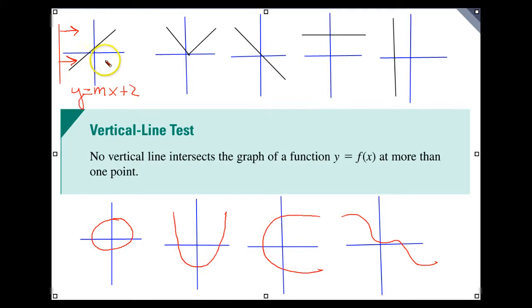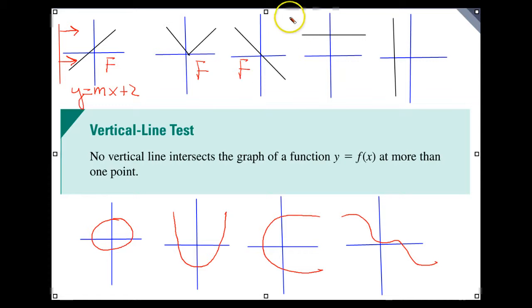And yes, so this is a function. How about this? Yes, this is a function. And this is your absolute value graph. How about this one? This is negative slope. And yes, this is a function.